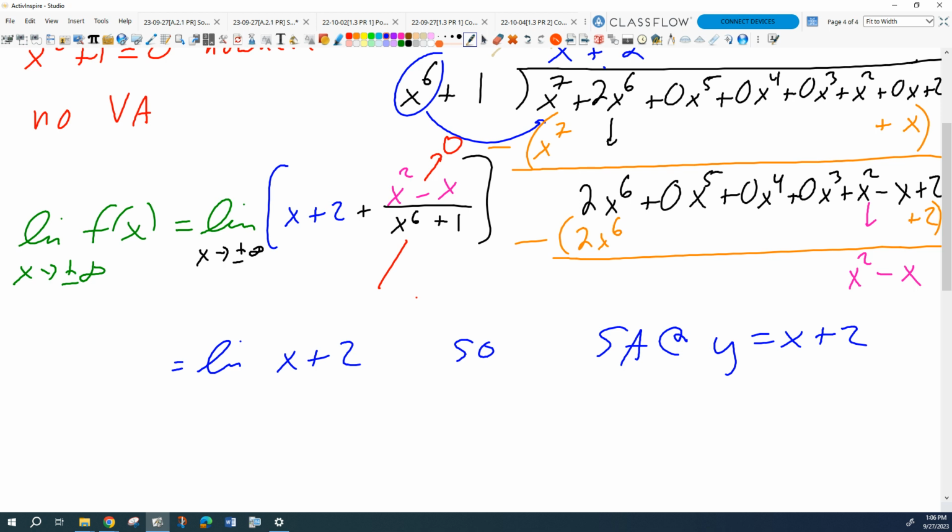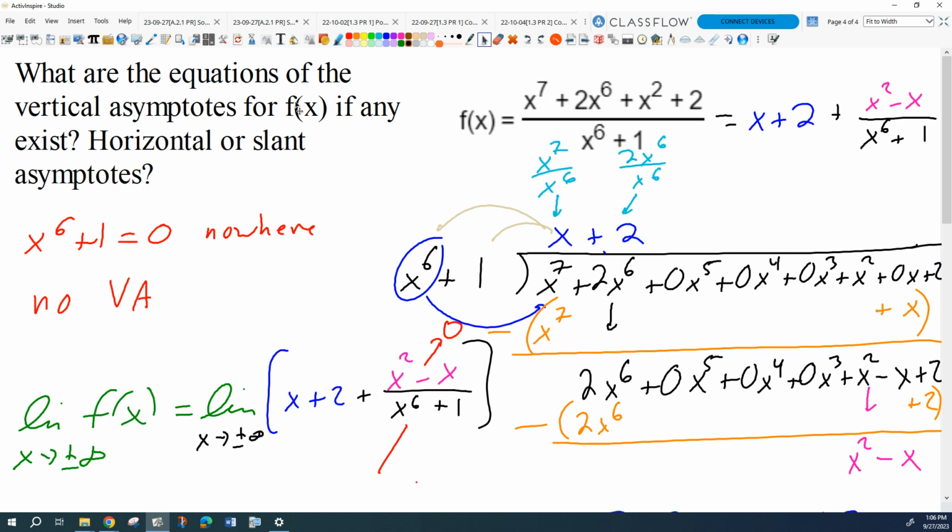Okay? And let's see if I have this thing graphed. We can look at it. It's always kind of fun to see what we did. Okay, let's graph it real quick just to see it.